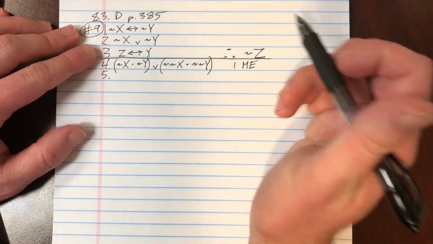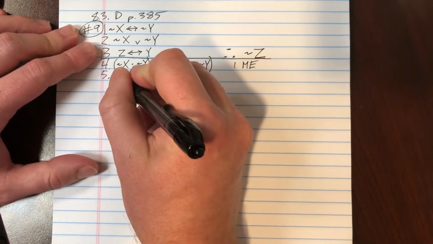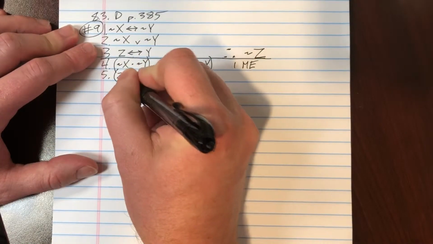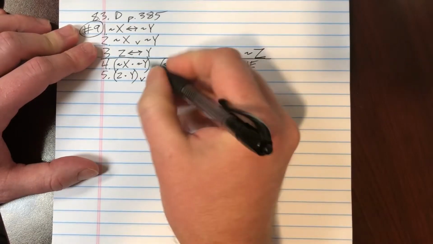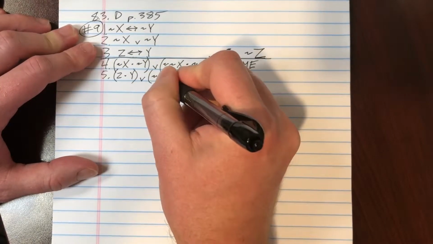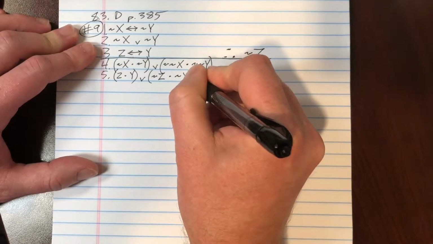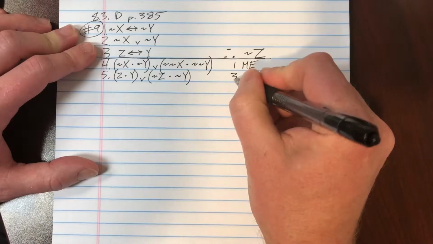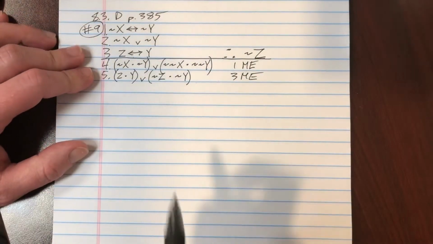Let's go ahead and do the same with 3. It's going to be Z and Y, or not Z and not Y. Material equivalence.